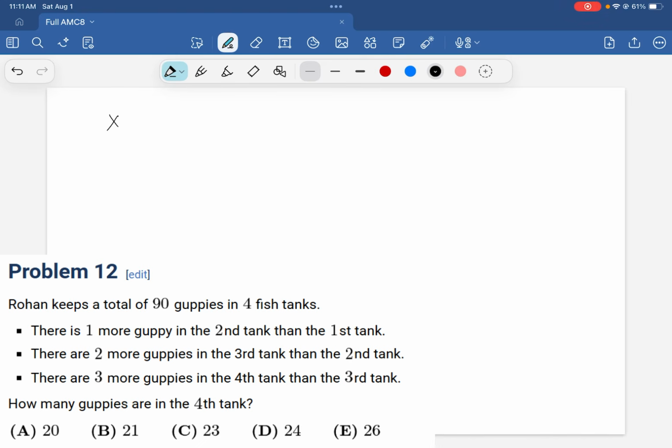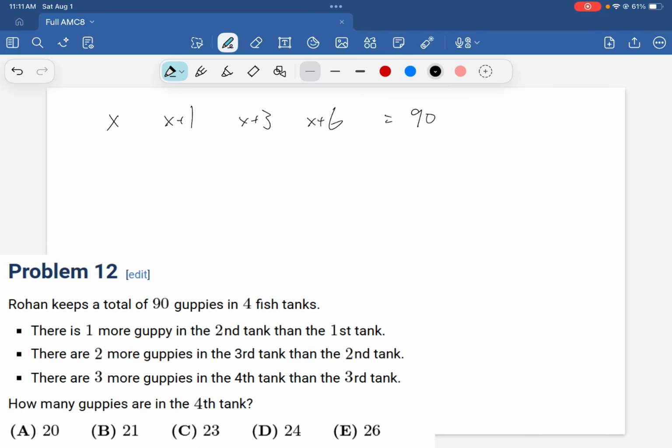There's 1 more in the second tank than the first tank, so it's going to be X plus 1. 2 more in the third tank than the second tank. It's going to be X plus 3, not X plus 2, because we have to add the 1 right here. And 3 more in the fourth tank than the third tank, which means X plus 6.